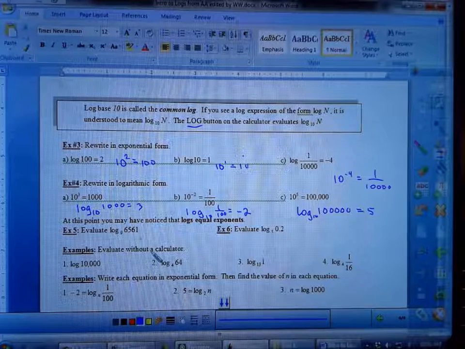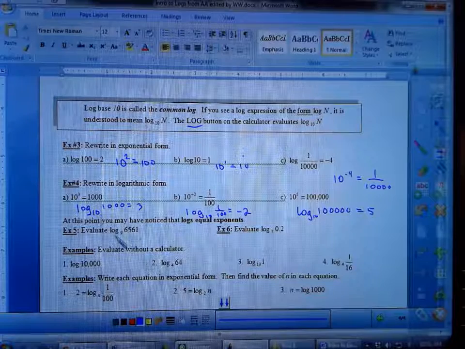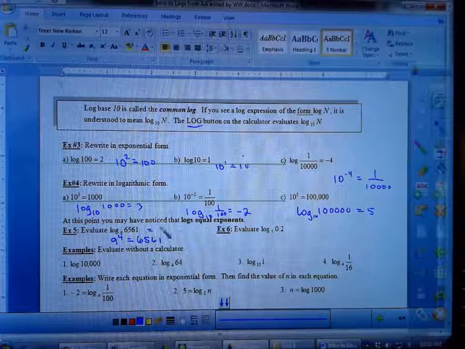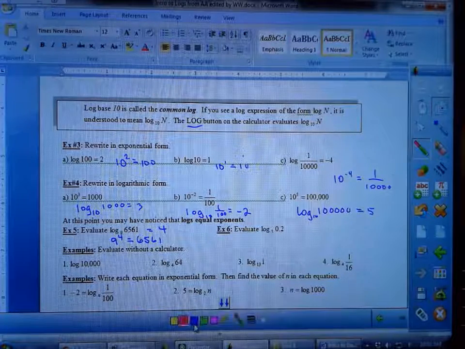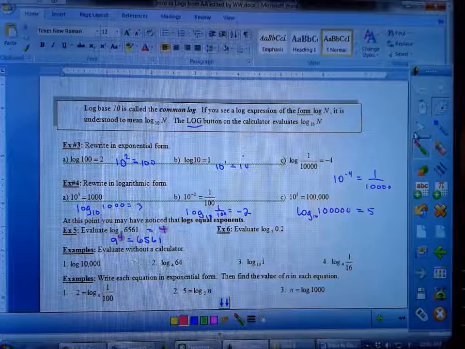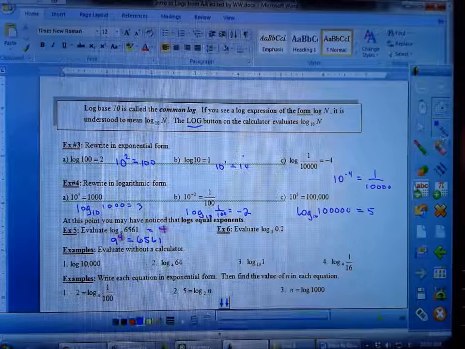Not 9 cubed. I think 9 to the 4th would work. That's it. Okay? So 9 to the 4th is equal to 6,561. So the answer to this is 4. Remember that your answer is always going to be your exponent here. The answer to the log is the exponent from the exponential.